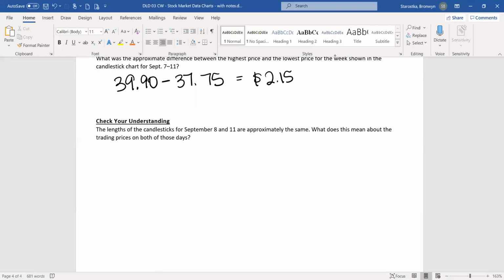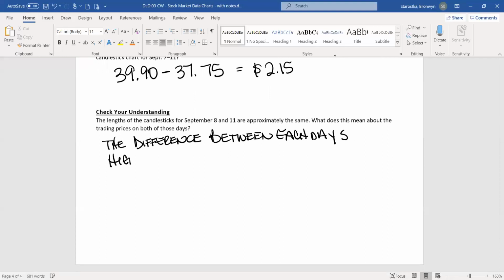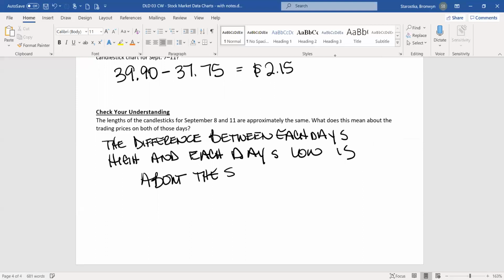So we're going to say the difference between each day's high and each day's low is about the same. There you go.